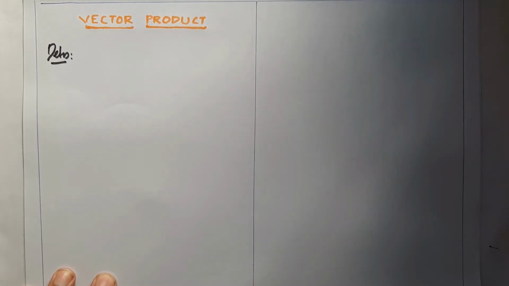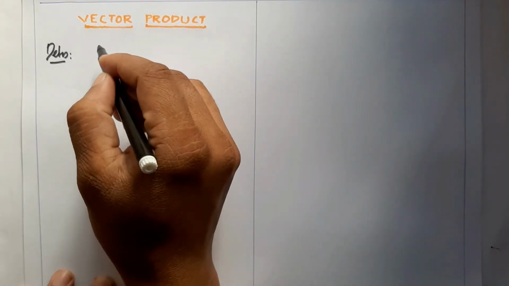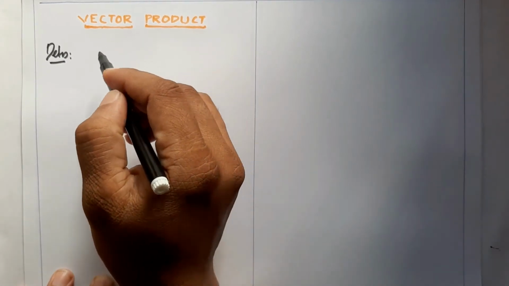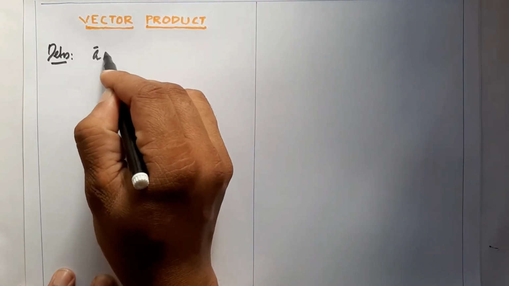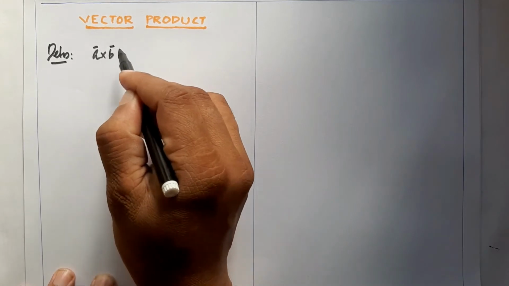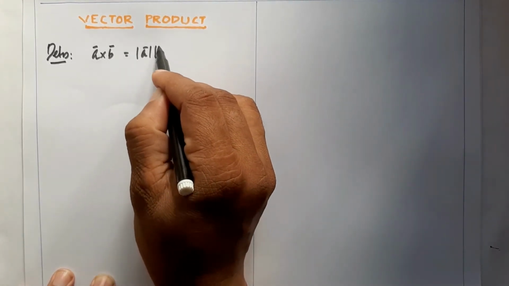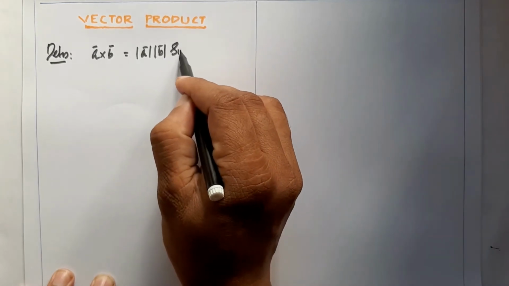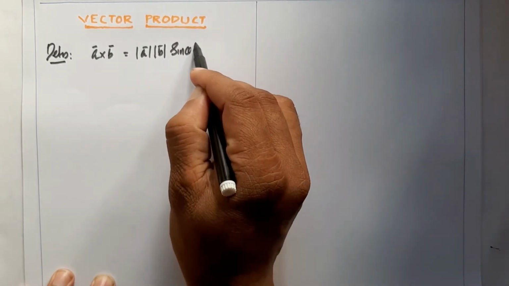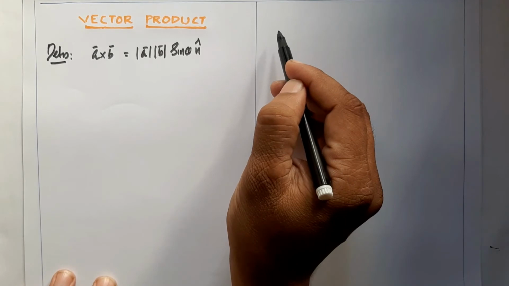Definition states that if vector A and vector B are two non-zero vectors, then the vector product, the cross product of vector A and vector B, is defined as A cross B is equal to mod A into mod B into sin theta into vector n cap.